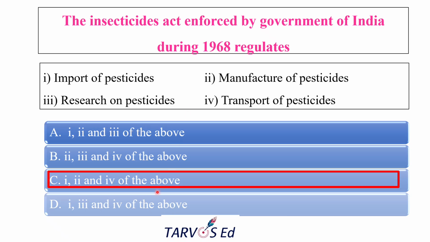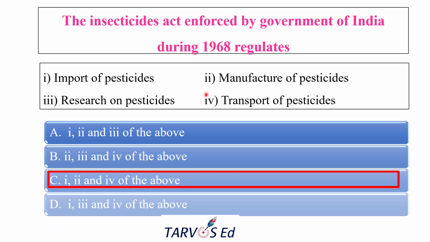The correct answer is import of pesticides, manufacture of pesticides, and transport of pesticides. Because this act is mainly enacted to regulate the import, manufacture, sales, and distribution, as well as transport and usage of insecticides. So remember, it covers six main things.